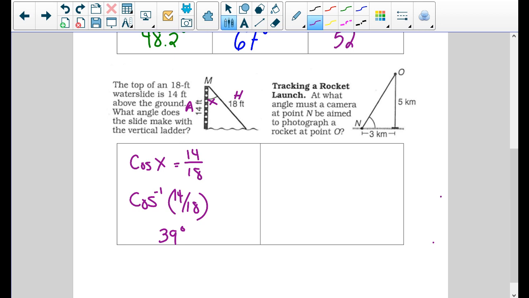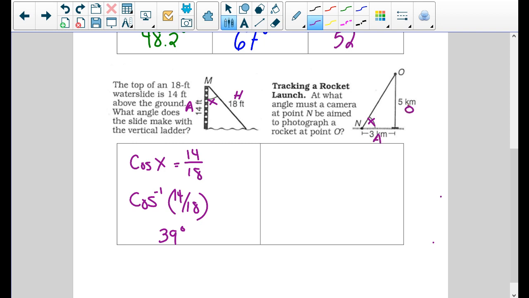And one more word problem. So tracking a rocket launch. At what angle must the camera at point N be aimed to photograph a rocket at point O? Okay, so you can see the distances here. 3 kilometers away from the rocket ship. Rocket's going straight up. 5 kilometers high is where we want to take that picture. So here's our angle that we're looking at. So the angle of that camera. Okay, so tangent, because we have opposite and adjacent.